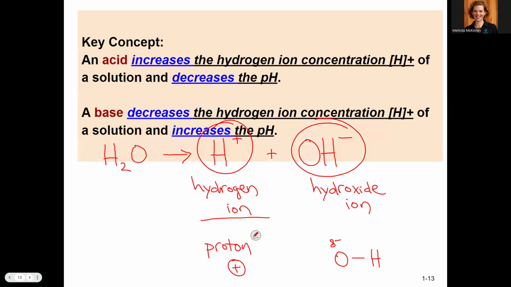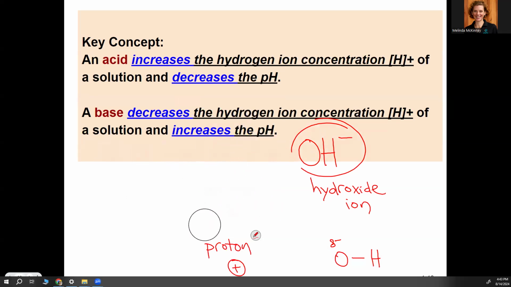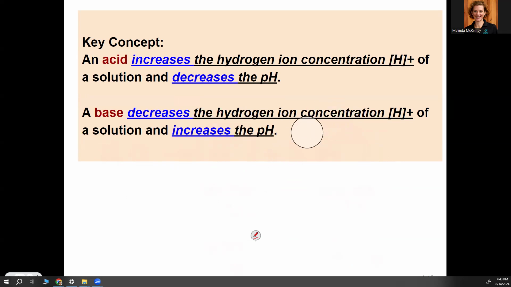This is related to acidity, because an acid is a measure of the number of hydrogen ions in a solution, whereas a base is the number of hydroxide ions, or you can consider it as a decrease in the hydrogen ions.